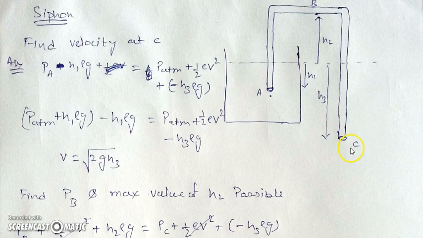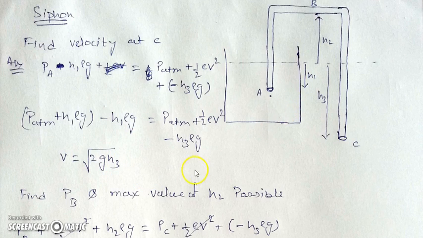Point A is at the broader cross section, so we can assume the velocity at this point is almost 0, and we have neglected that velocity. For point C, the pressure is P atm as the water is in the atmosphere, plus half rho V squared and minus H3 rho g. From this we get the value of V as this.